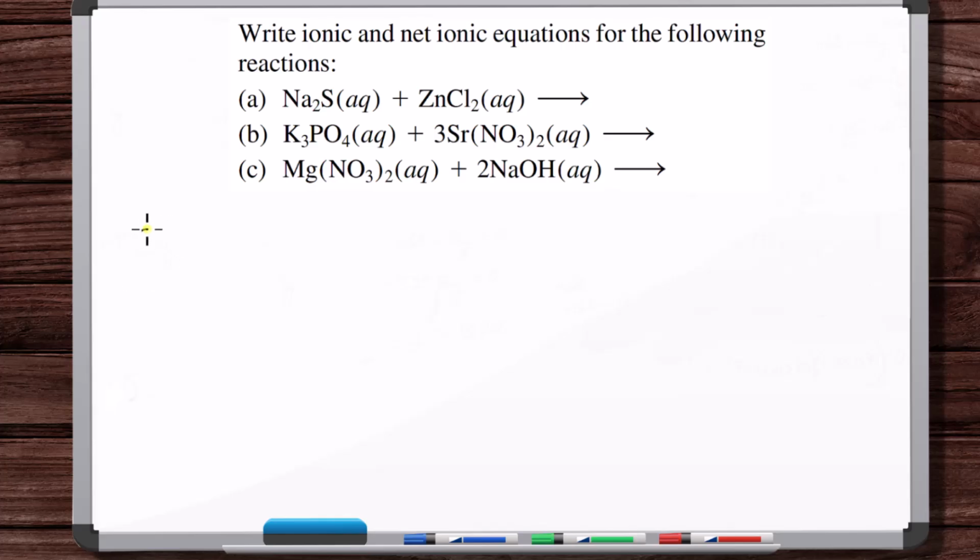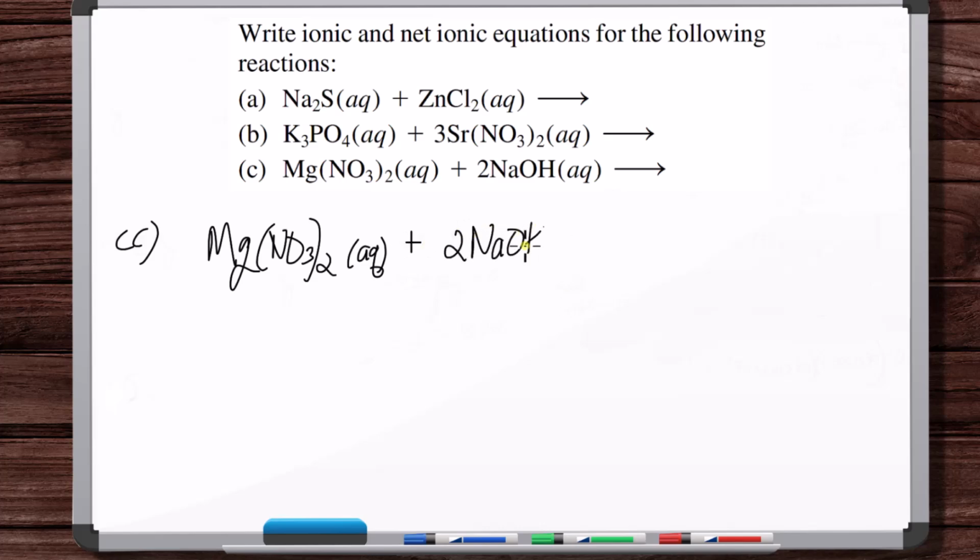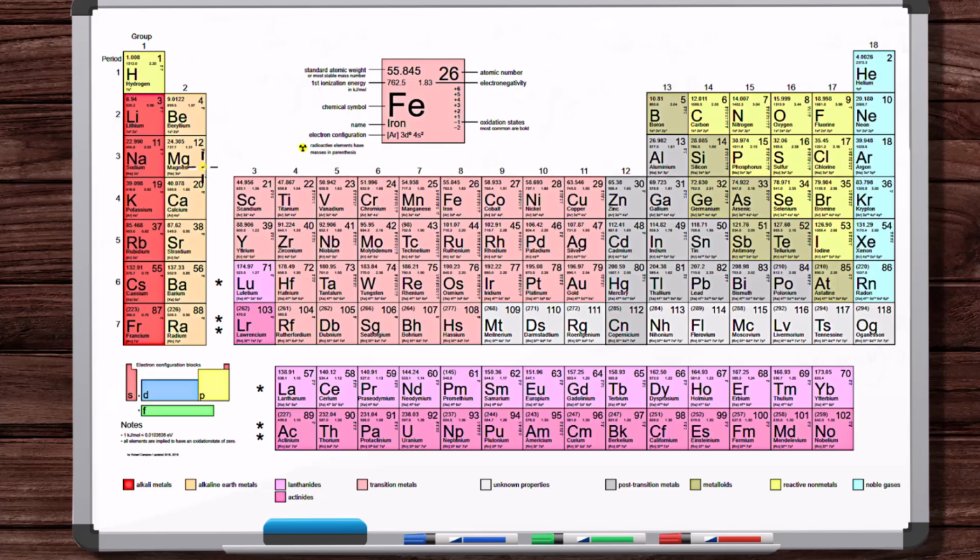Okay, part C, you've got magnesium nitrate, aqueous, sodium hydroxide, aqueous. And so when the magnesium interacts with the hydroxide, magnesium is an alkaline earth metal.